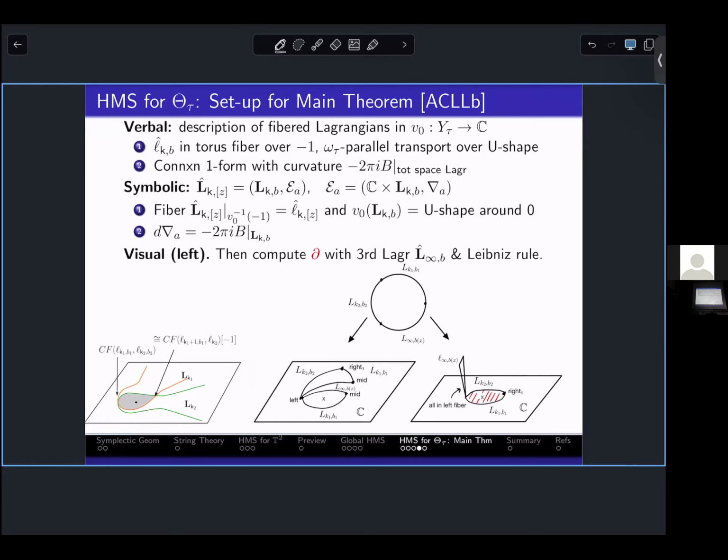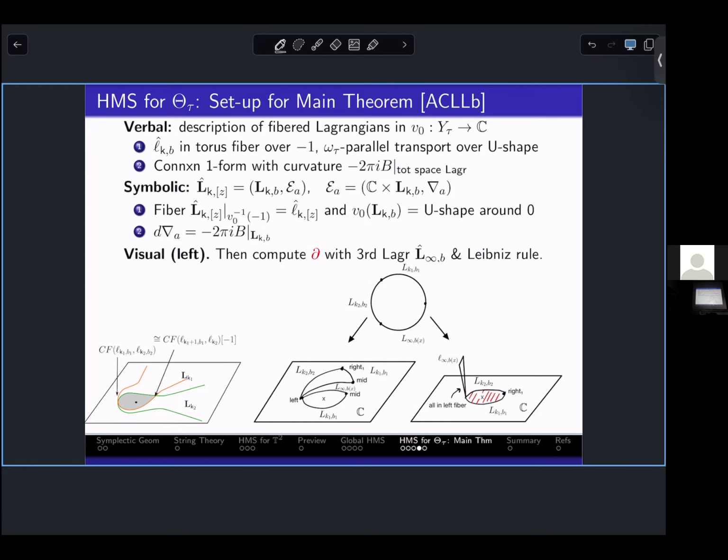So verbally, for HMS for theta tau, this is a description of the Fukaya category. The verbal description of the Lagrangians: you have your 4 torus as a generic fiber. You take slope k Lagrangians, and you take the fiber over -1, so slope k over -1, and you have a symplectic form. That means you have parallel transport.